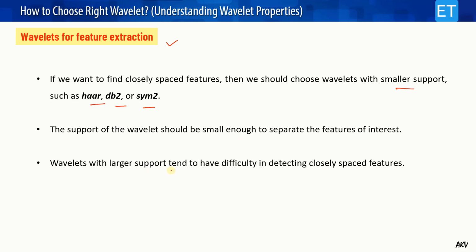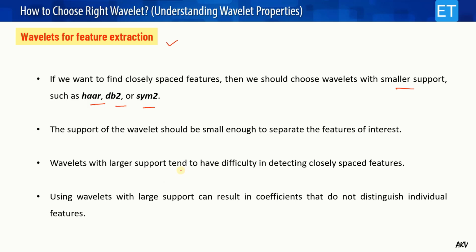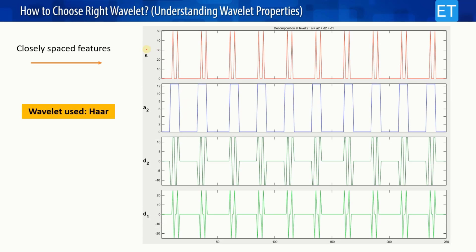Wavelets with larger support will create difficulty in detecting the closely spaced features, and a wavelet with large support will generate coefficients from which it will be very difficult to distinguish the individual features. So this we can understand with this example. Here I have taken one signal S, which has these closely spaced samples, I mean near to each other.